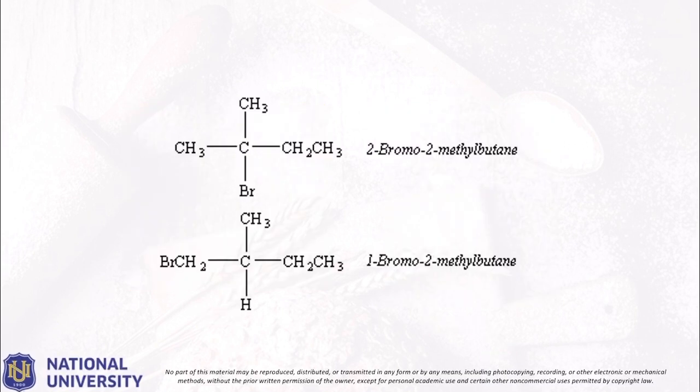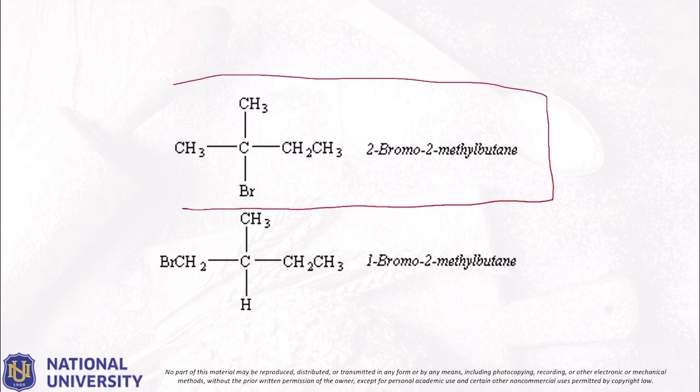Next. So, here. 2-bromo, 2-methylbutane. Is this chiral or achiral? Achiral. Why achiral? Because two methyl groups are attached to the carbon.